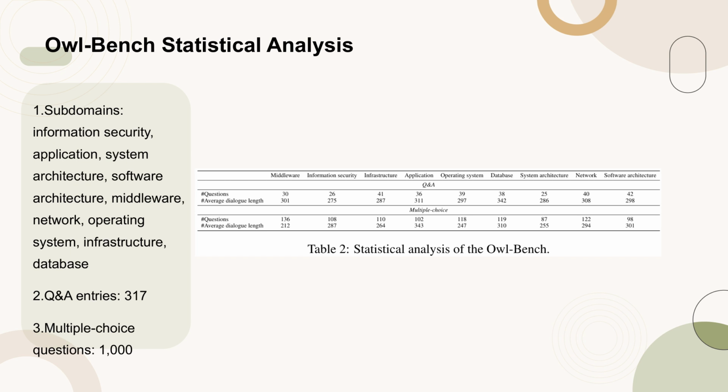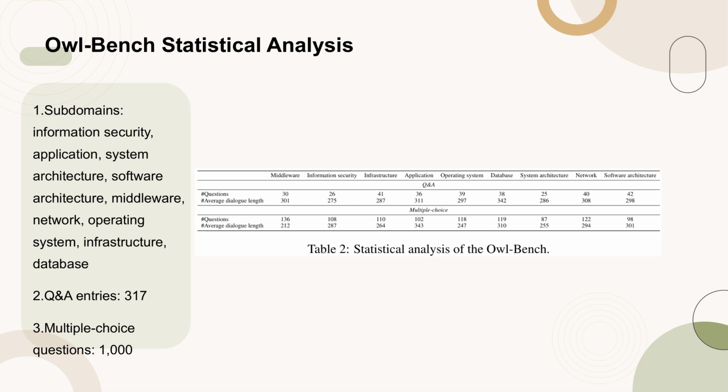The table highlights the distribution of questions across 9 distinct subdomains, including information security, application, system architecture, software architecture, middleware, network, operating system, infrastructure, and database. It also specifies the number of Q&A entries at 317 and the number of multiple-choice questions at 1,000.